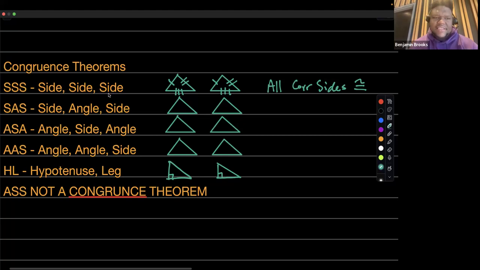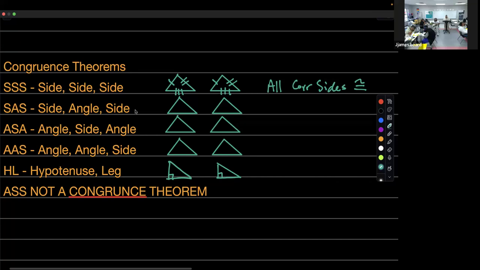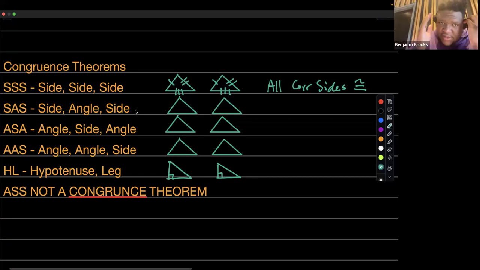So what do you all think that side, angle, side means? If I had side, angle, side, what does that mean? Have an angle in between two sides. Yes.